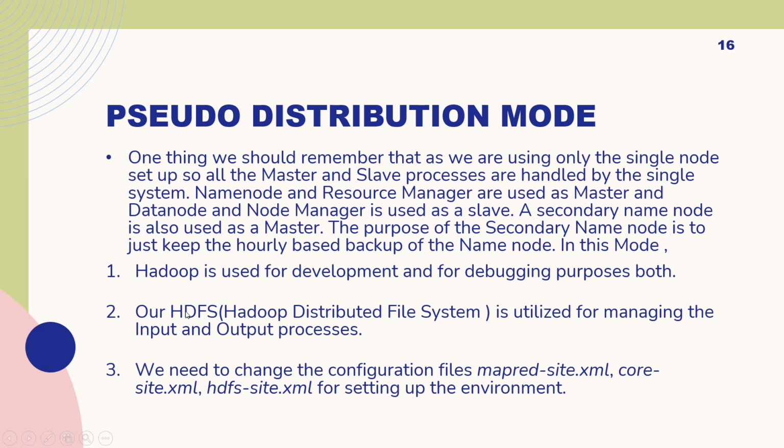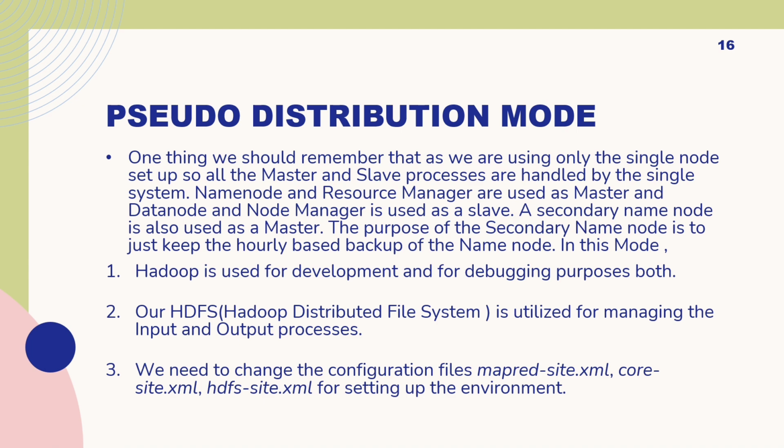Name node and resource manager are used as master, and data node and node manager are used as slave. A secondary name node is also used as a master. The purpose of the secondary name node is just to keep an hourly backup of the name node.